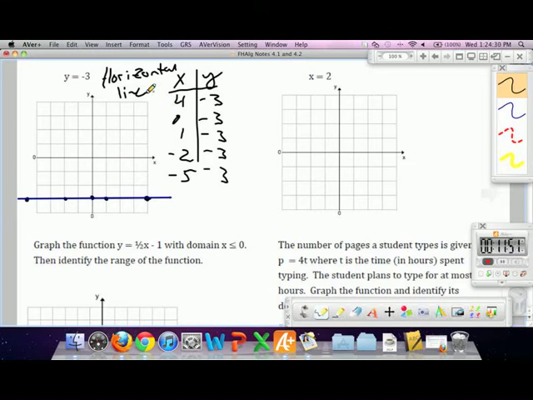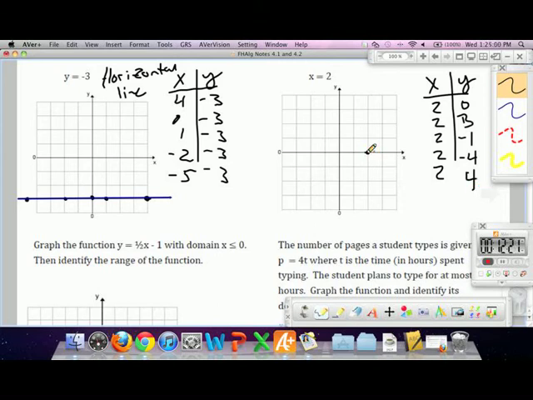If we do another quick table of values trick, x is now always 2. And y can be whatever you want it to be: 0, 3, -1, -4, 4. X is always 2. The points are (2, 0), (2, 3), (2, -1), (2, -4), (2, 4).